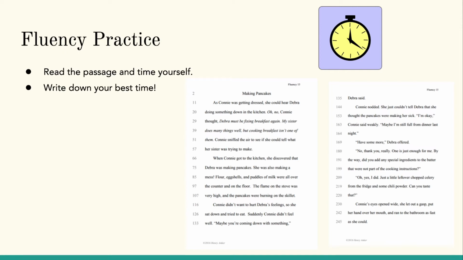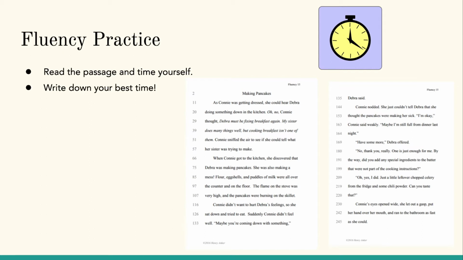Making pancakes. As Connie was getting dressed, she could hear Deborah doing something down in the kitchen. Oh no, Connie thought. Deborah must be fixing breakfast again. My sister does many things well, but cooking breakfast isn't one of them. Connie sniffed the air to see if she could tell what her sister was trying to make. When Connie got to the kitchen, she discovered that Deborah was making pancakes. She was also making a mess.